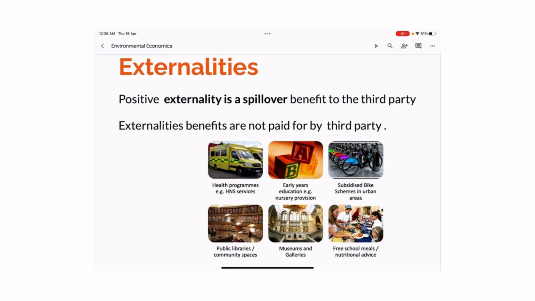Likewise, if you talk about subsidizing bikes, the society would be benefited from an environmental perspective. So all this helps us understand the concept of externalities in a much better way.